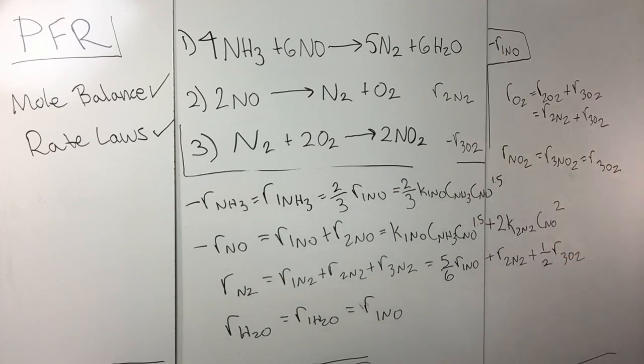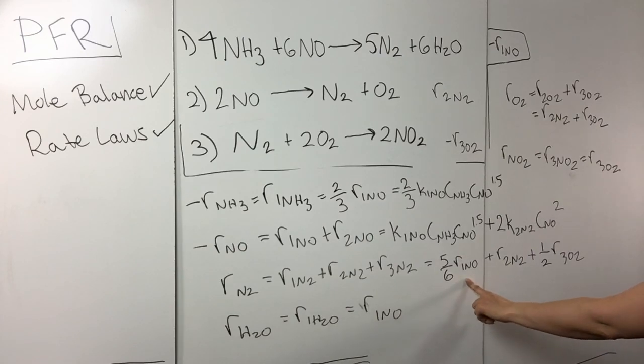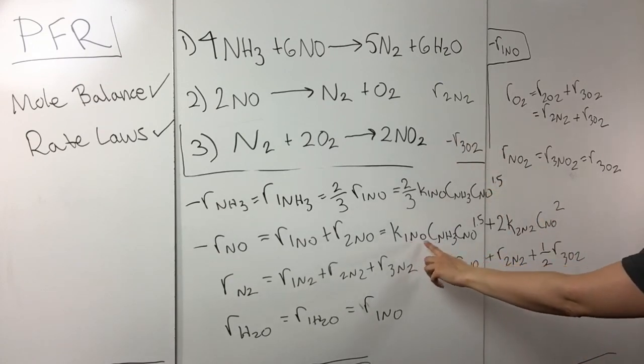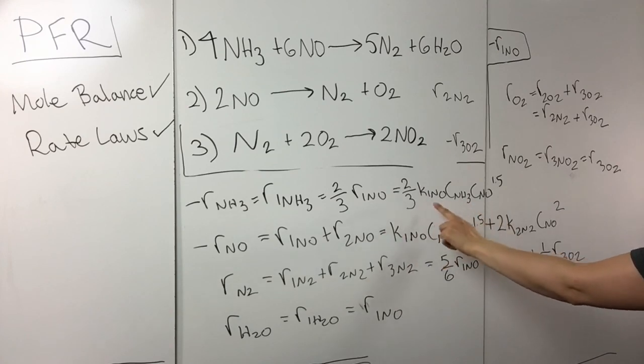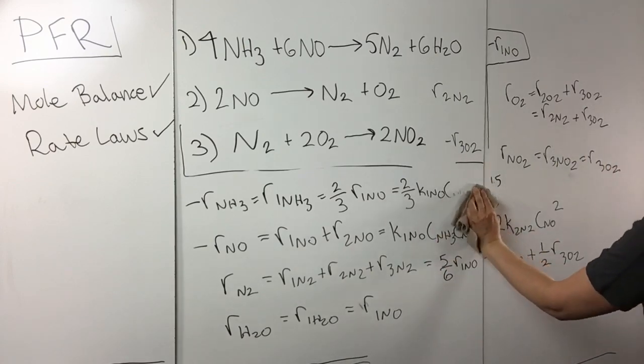Same thing with R_N2, which is equal to 5/6 R1_NO plus R2_N2 plus 1/2 R3_O2. So I'm not going to rewrite all of this each time, but it's good to see how these equations work together. I'm going to erase some stuff real quick and then do the stoichiometry.